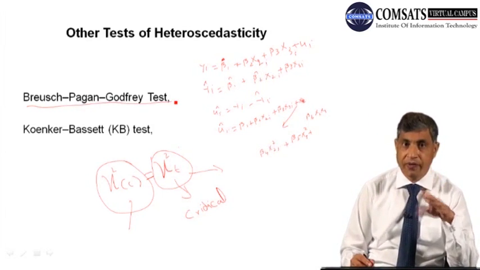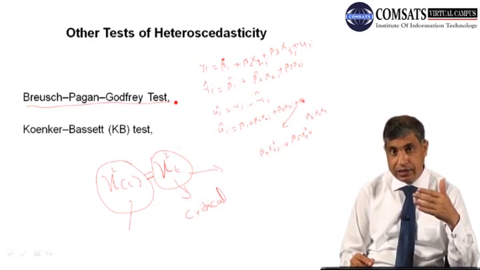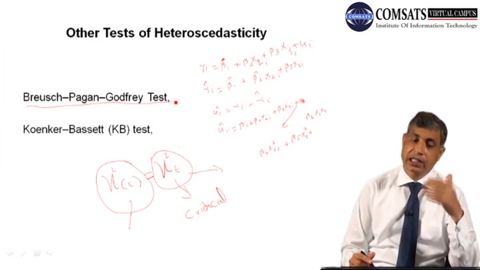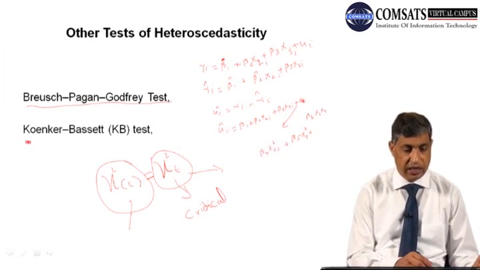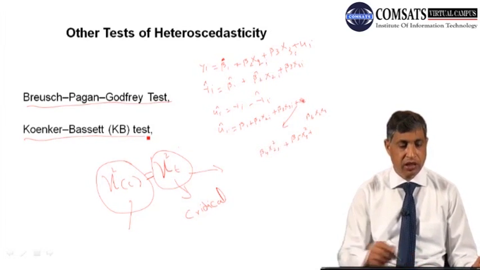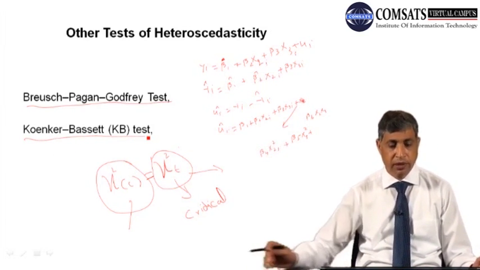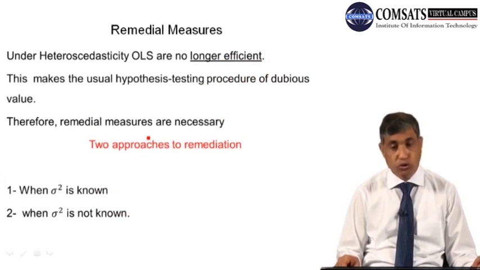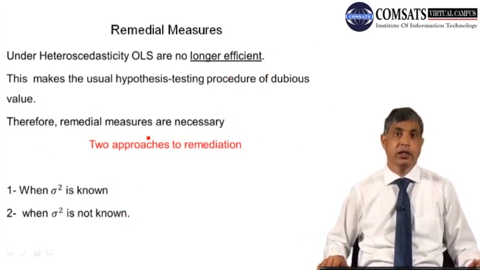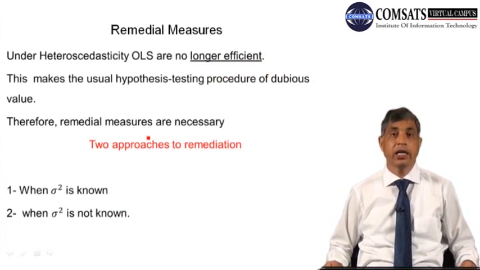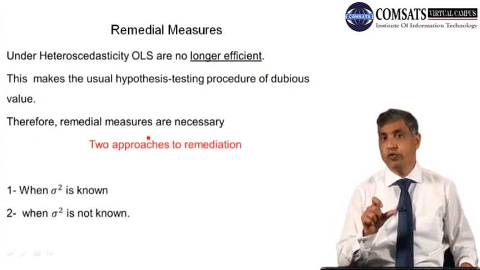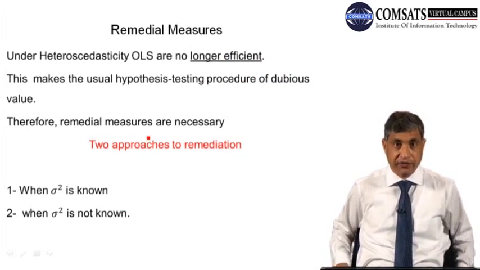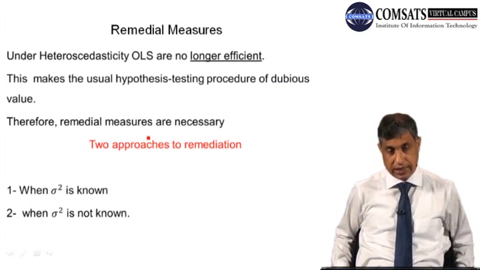You should only remember one thing, that these tests are used for the detection of heteroscedasticity, and also the Koenker-Bassett test of heteroscedasticity. Now you are in a good position. I am sure that you will immediately detect whether there is heteroscedasticity or not.